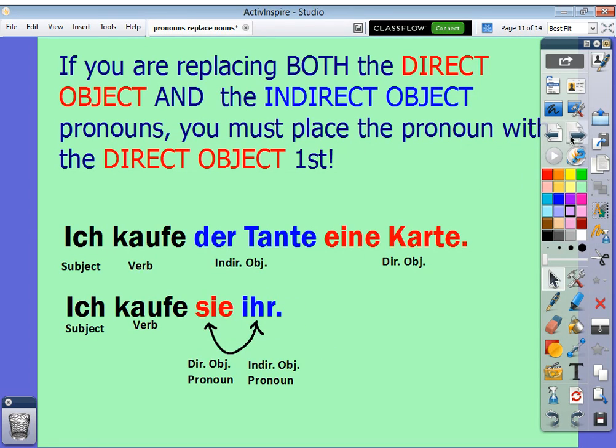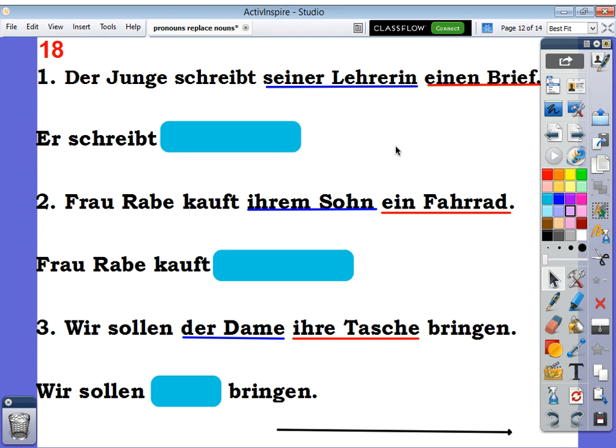Okay, let's practice. Der Junge schreibt seiner Lehrerin einen Brief. Okay. Remember, we are going to flip the order. You're going to put einen Brief's pronoun first, and then you're going to put seiner Lehrerin's pronoun second. And what would that be?